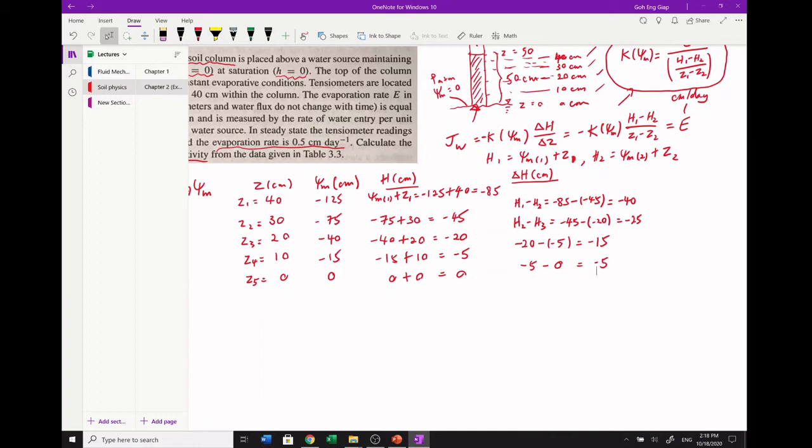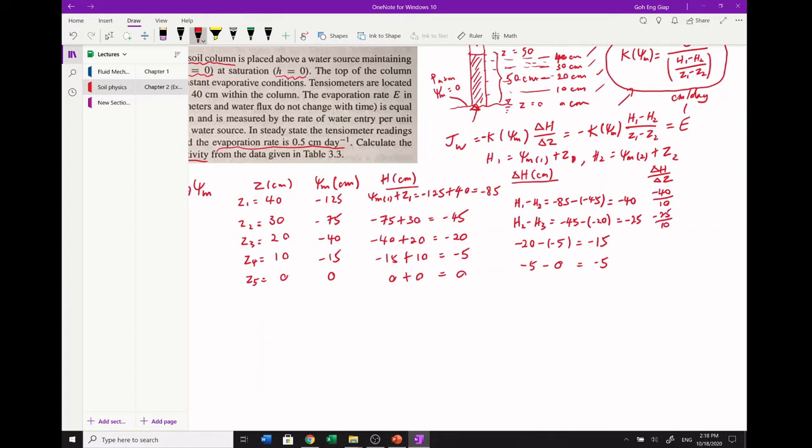Right, now you can find the hydraulic gradient, H divided by Z. The hydraulic gradient here is negative 40 over 10, here is negative 25 over 10.